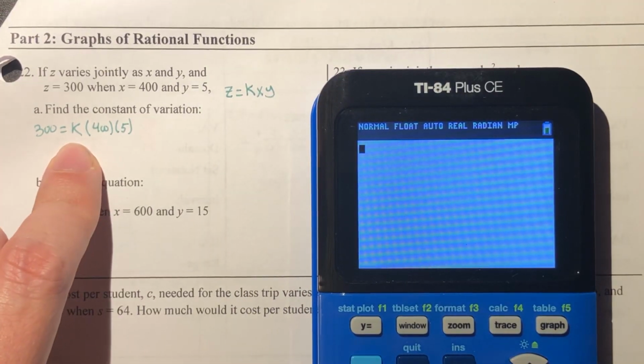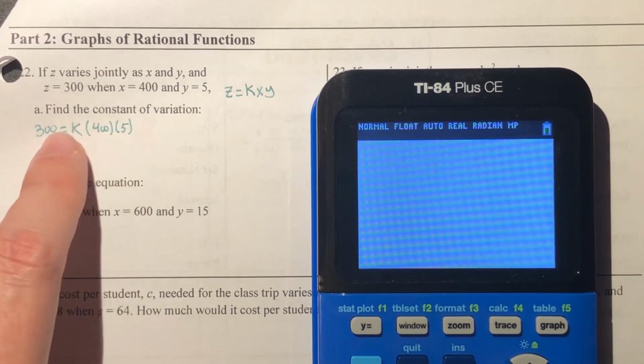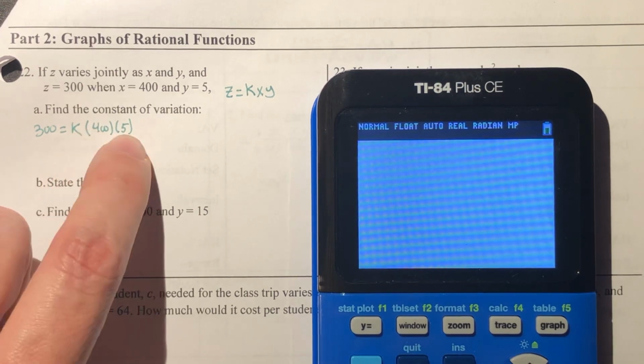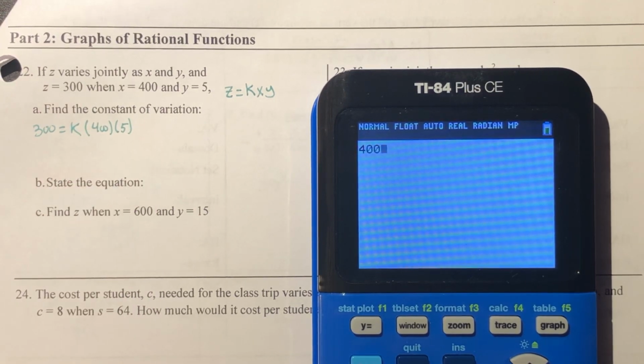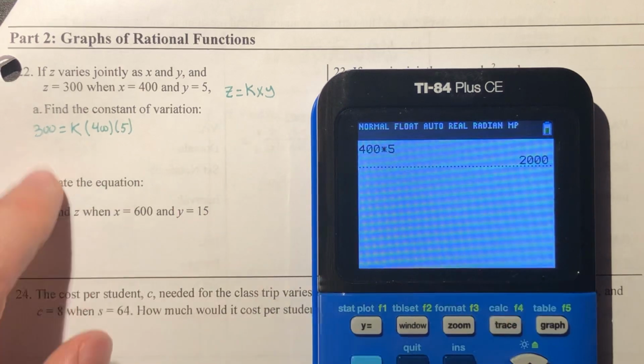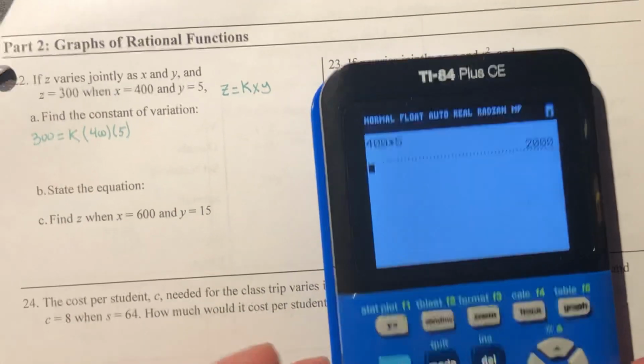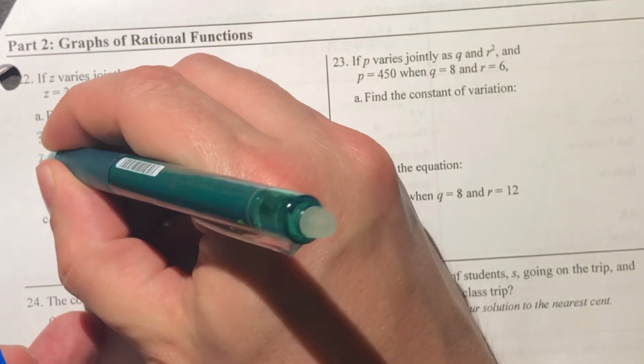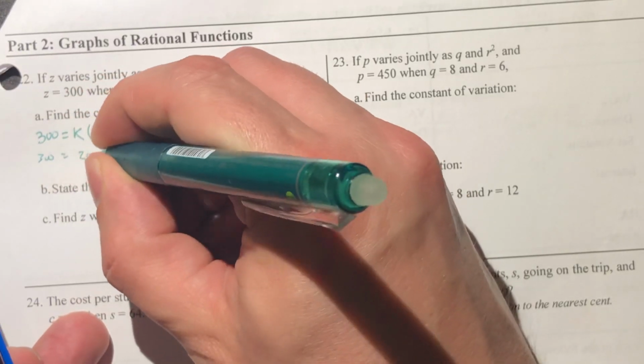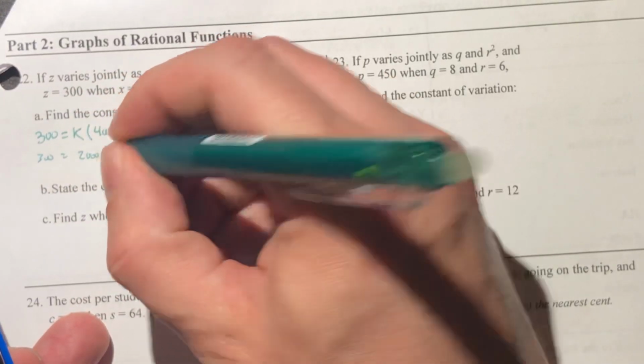To get k alone, we would need to multiply 400 by 5. So that's 2,000. So we have 300 equals 2,000 k.